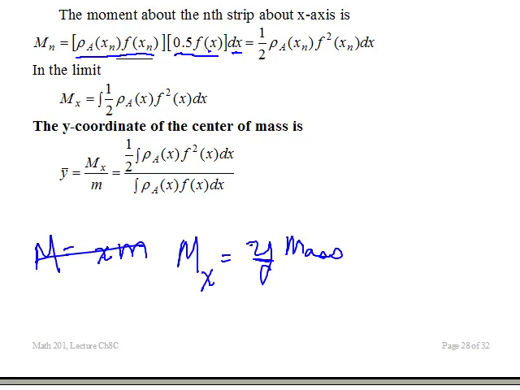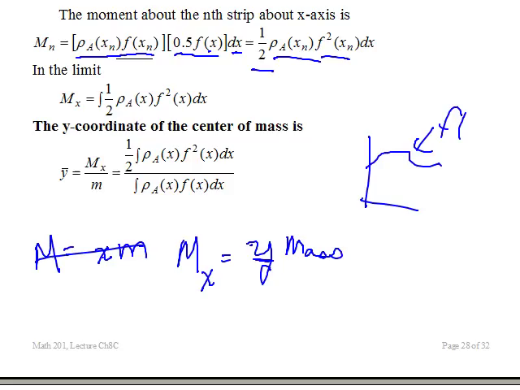Combining all these, we get the moment in the nth vertical strip about the x-axis is 1/2 times the density in kilograms per square meter times f squared of x, f of x squared, that's the height, that's the function that defines the upper boundary of the plate.